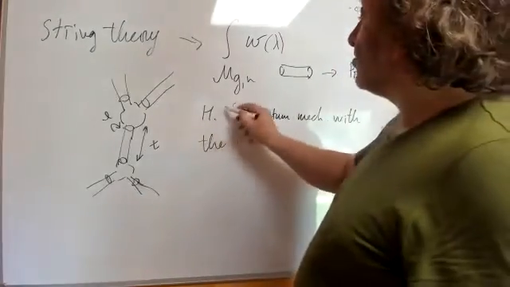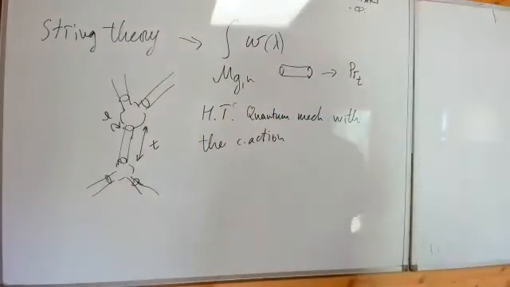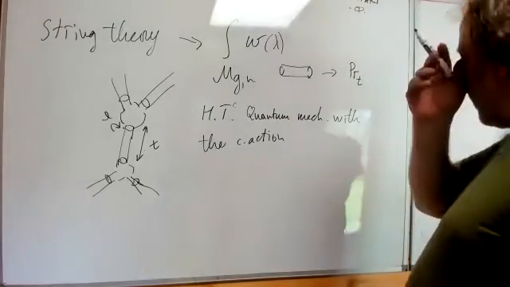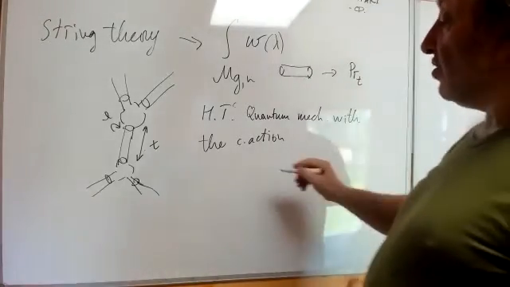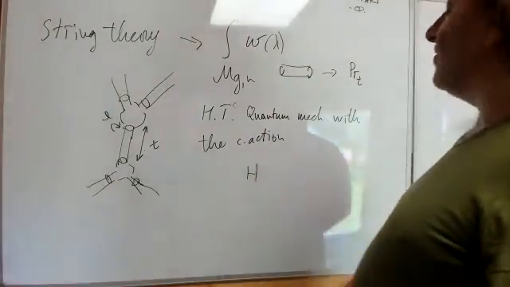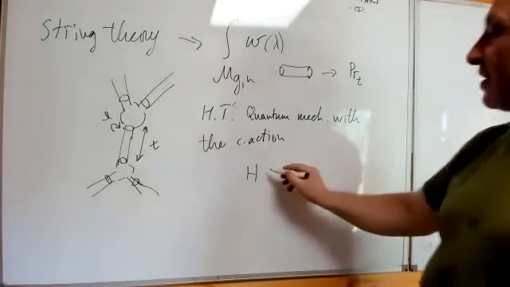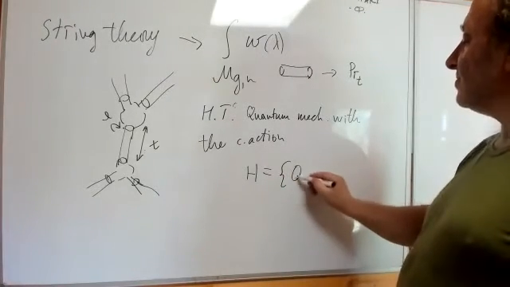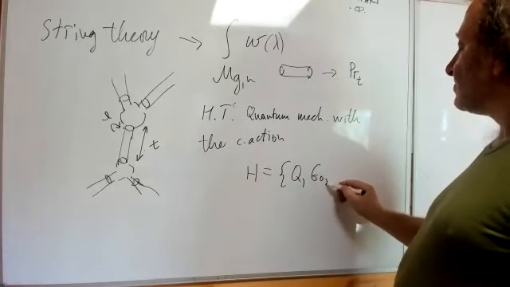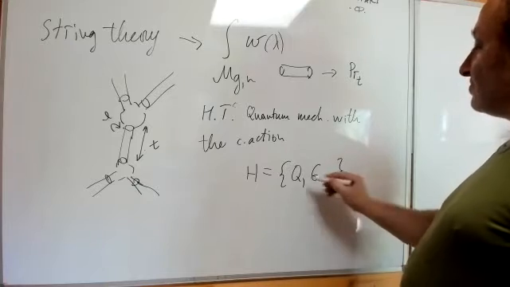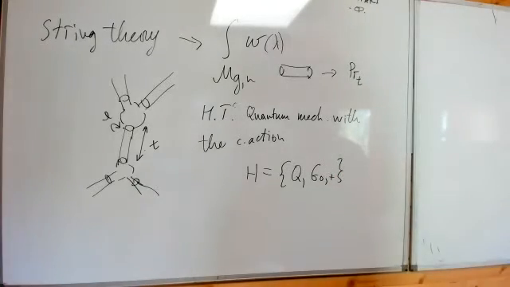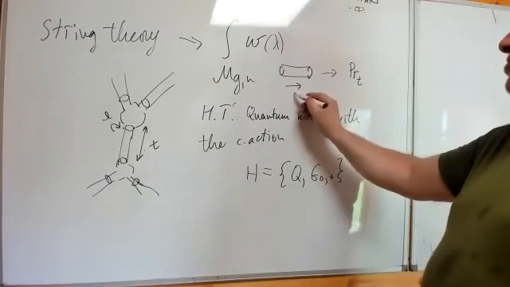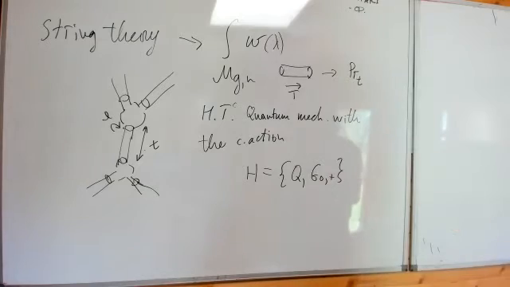Okay, higher topological. So we may say that we have Hamiltonian, and this Hamiltonian is exact. So Hamiltonian corresponds to translations in the t direction.